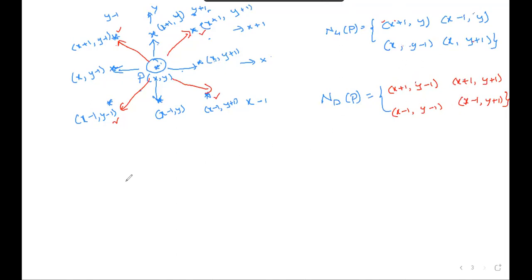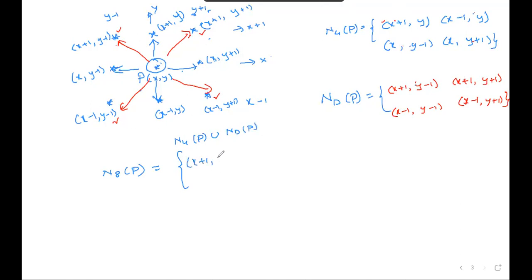Next, N8 of P is the union of N4 and ND, right? Union of N4 and ND means all 8 pixels will come here.